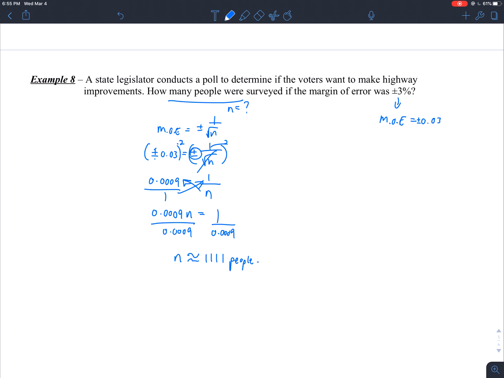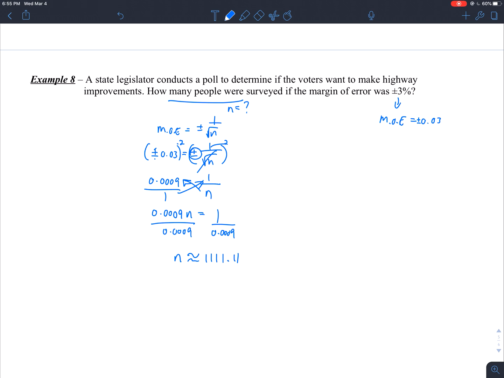Okay, and let me see something here real quick. I wanted to see what that actual number is. 1 divided by 0.0009. Actually, you get 1111.11.